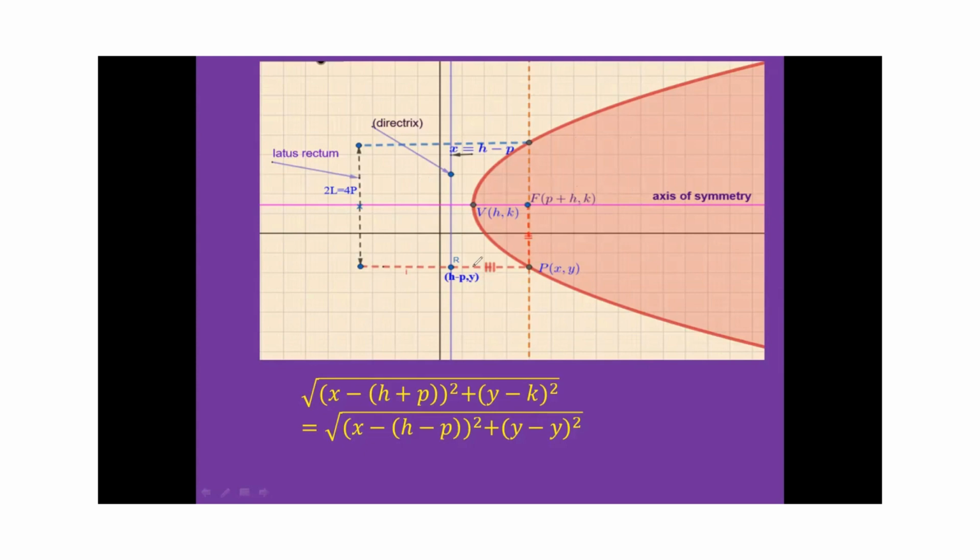Using the distance formula, the distance from point P to point F, the square root of (x minus h plus p) squared plus (y minus k) squared, equals the distance from this point to the directrix, the square root of (x minus h minus p) squared plus (y minus y) squared.